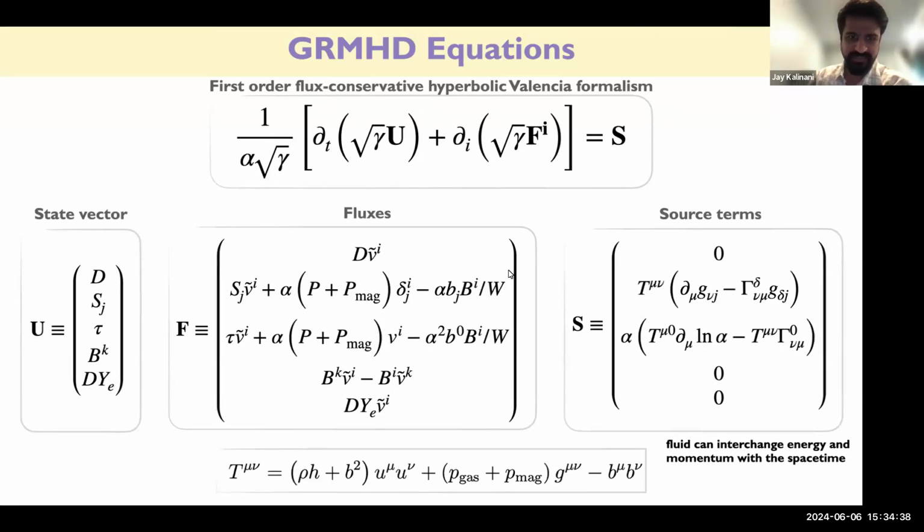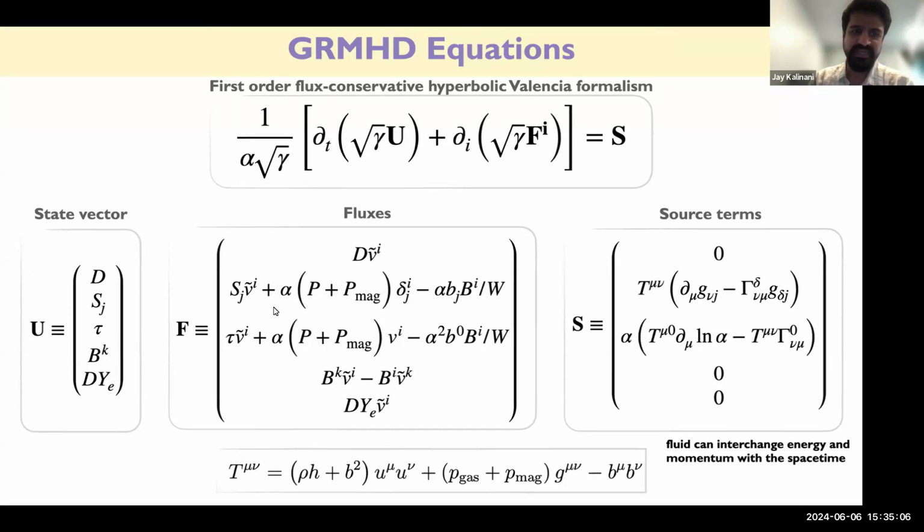So this might feel like a lot, but just to give you a brief idea that essentially these are the different variables that are actually evolved in the code. And these are the fluxes that are computed typically at the cell faces. And then these are the source terms, which, when they're non-zero, mean essentially that the fluid can interchange energy and momentum with the spacetime.